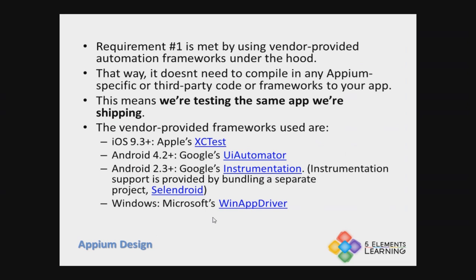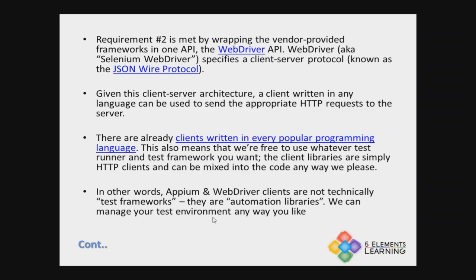So Appium allows usage of the vendor-owned frameworks, which are XCTest by Apple, UI Automator by Google, Instrumentation for Android, and WinAppDriver for Microsoft. Because of the availability of these frameworks, you are testing the same application you are going to ship.